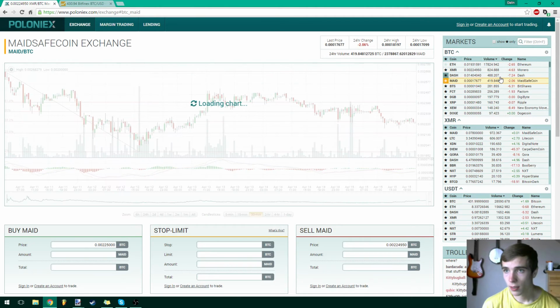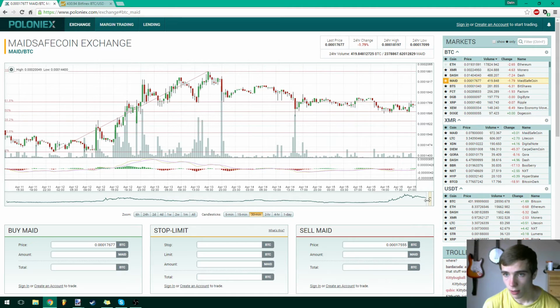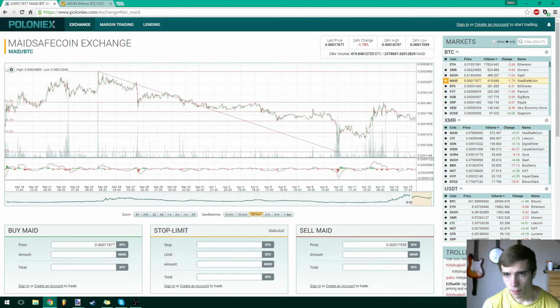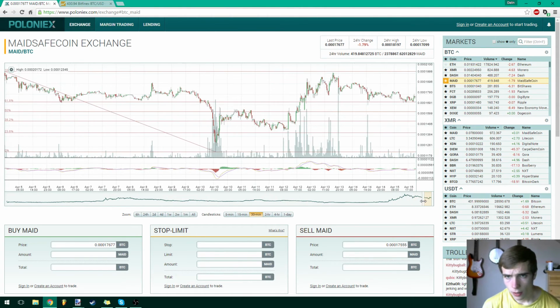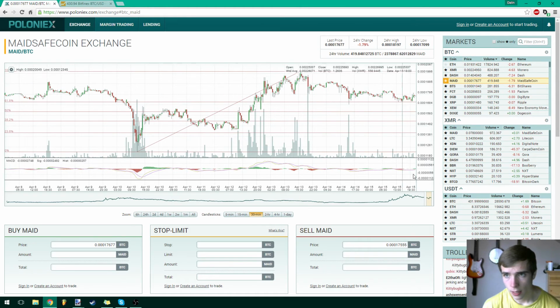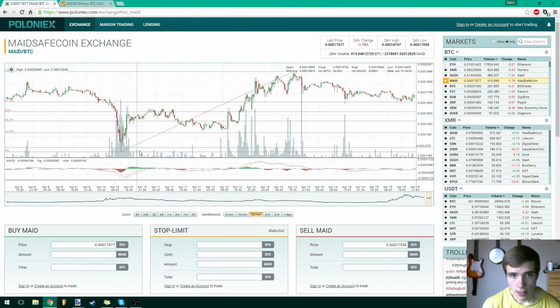Now let's look for some other 1, 2, 3 bottoms in some of these other coins real quick, just to practice. Here's a 1, 2, 3 bottom that formed in MadeSafe. It hit this low right here, came up to a high, and then came down to test that low and failed to break below that level. And you can see how it broke high after that.